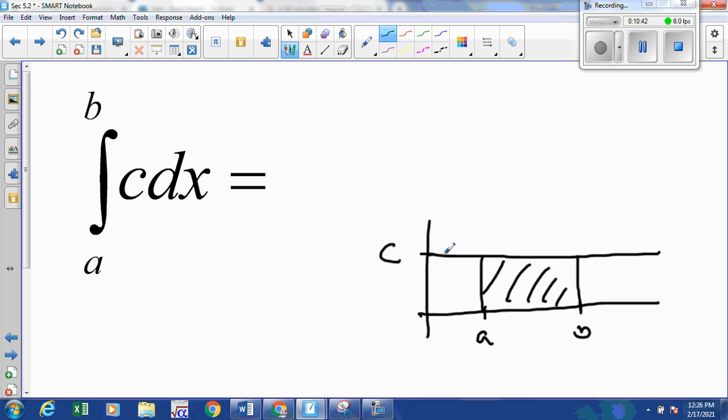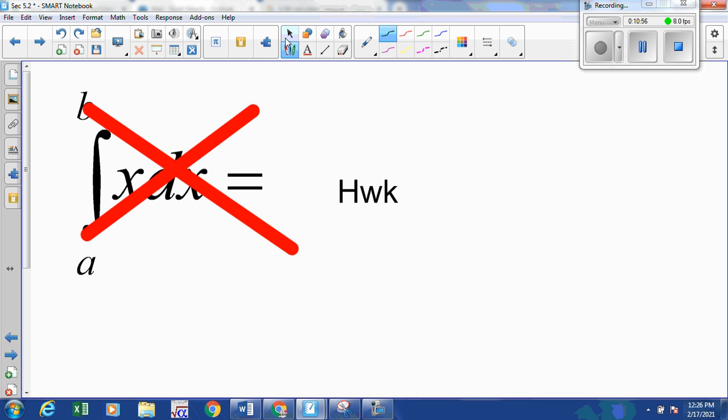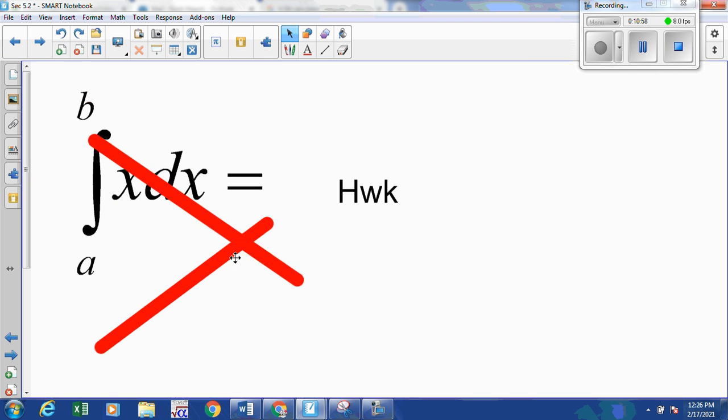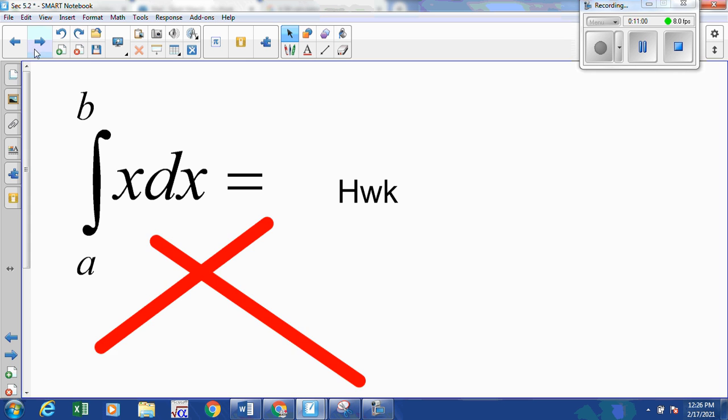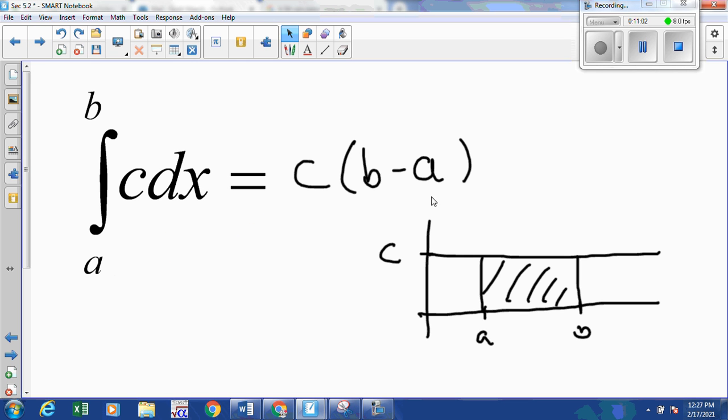The height of that rectangle is just C, and the width of that rectangle is just B minus A. You're going to do one similar to this on your homework when you want to find the integral from A to B of x, and you're going to do the same type of thing. You're going to have an A and a B in your answer.